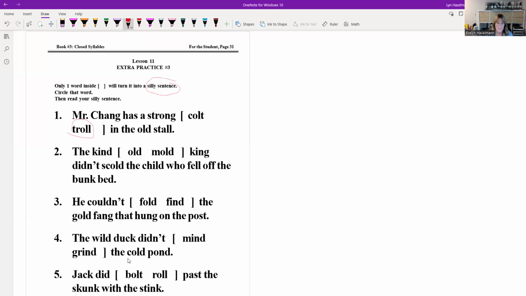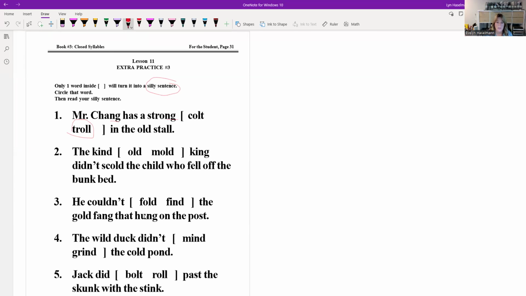Your student can finish that one up. I'm going to say it like 6 times during this, but really emphasize the NGs versus the NKs. Those are the original units that we learned: ink, ank, onk, unk, ing, ang, ong, ung.